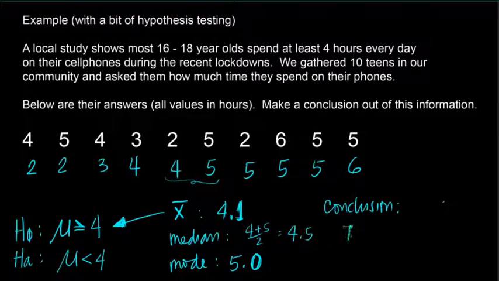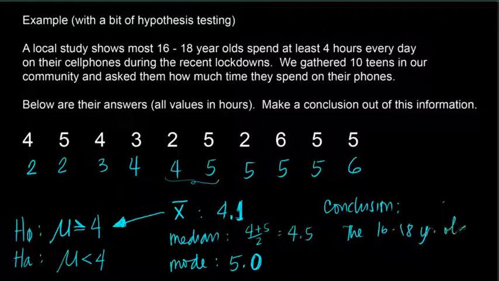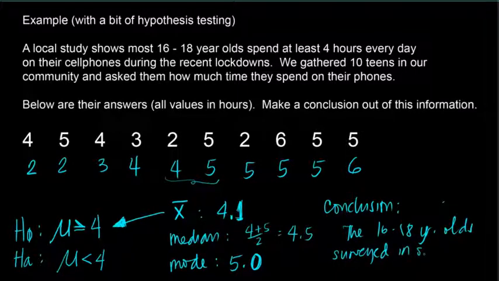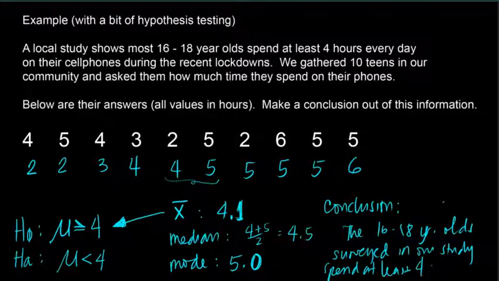the 16 to 18-year-olds surveyed in our study spend at least 4 hours every day. So, the 16 to 18-year-olds that we surveyed in our study spend at least 4 hours every day.